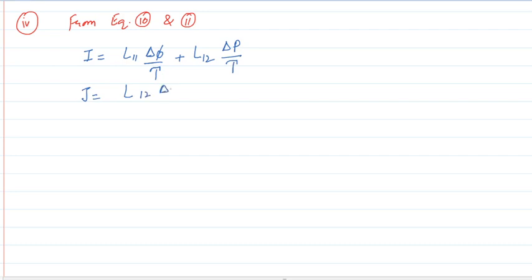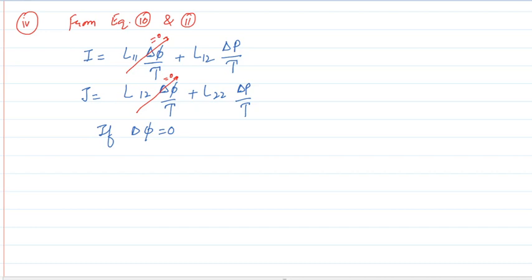From equation 10 and 11 again, we can simply write I equal to L11 delta phi upon T plus L12 delta P upon T. This is equation 10, and J equal to L12 delta phi upon T plus L22 delta P upon T. Now if the change in potential is equal to 0, then this term will be equal to 0, this term will also be equal to 0.